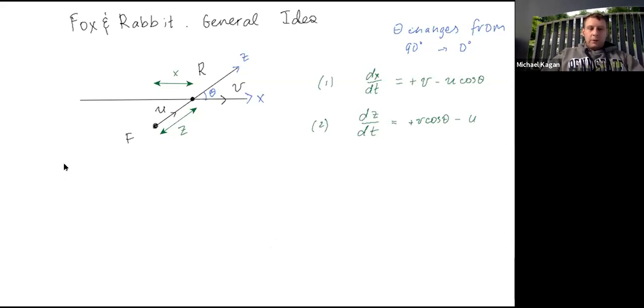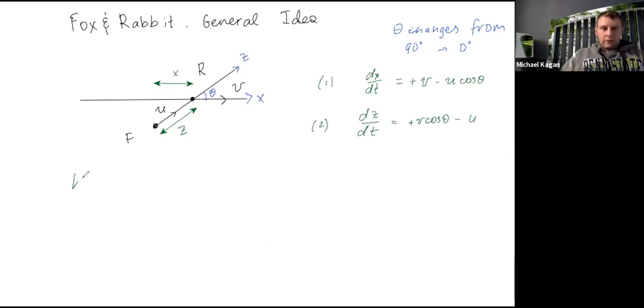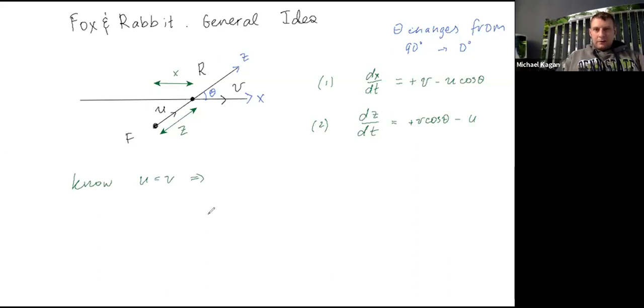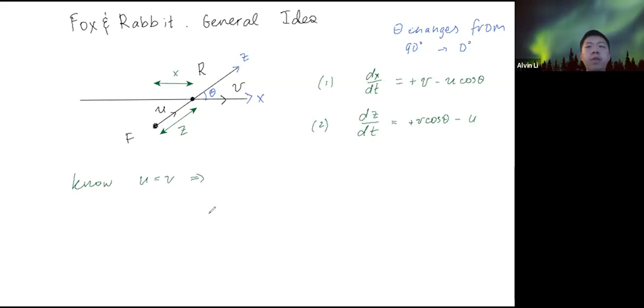So what do we know now? We know that u equals v. So that means in these two equations, everything is v. Okay? Do you see anything interesting yet? Are they negatives of each other?